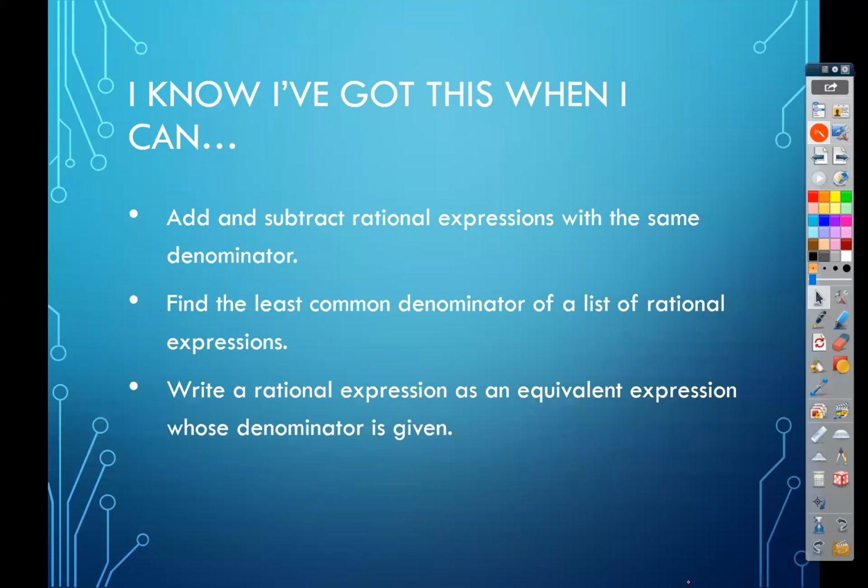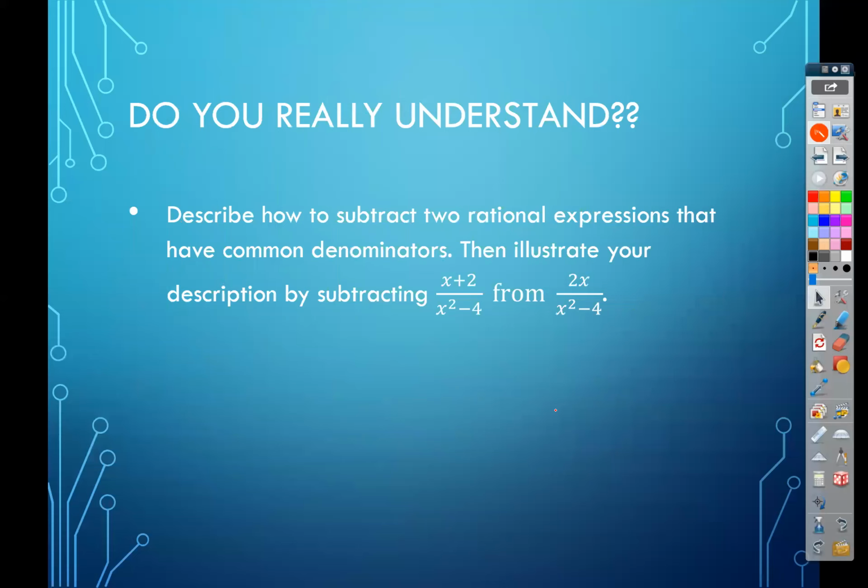So I know I've got this when I can add and subtract rational expressions with the same denominator, find the least common denominator of a list of rational expressions, and write a rational expression as an equivalent expression whose denominator is given. Do you really understand? Describe how to subtract two rational expressions that have common denominators.